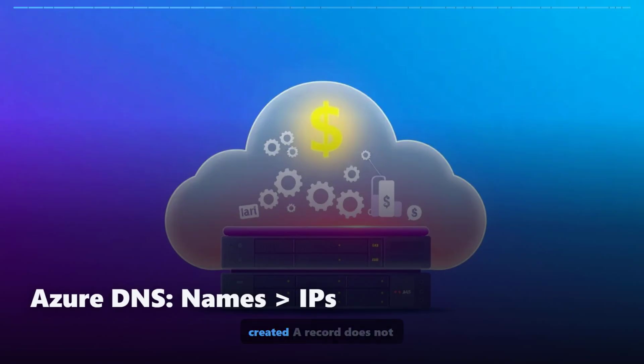A manually created A record does not automatically update itself when a VM address changes. You can use automatic registration where supported, assign a static private IP, or update DNS records through your deployment process. The important lesson is this: applications should depend on stable names, not fragile hard-coded IP addresses.